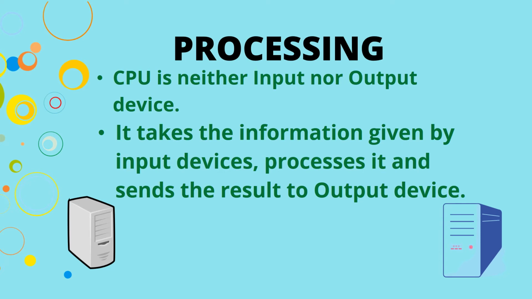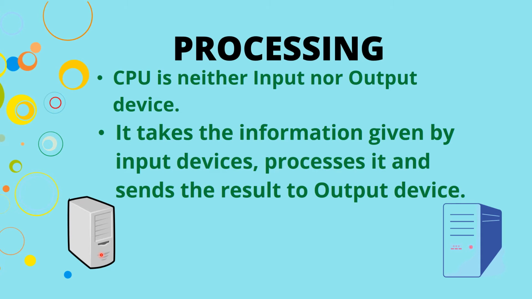Now, processing. You may be thinking why I have not taken the name of CPU in input device nor in output device. It is because CPU is neither input nor output device. It is a processing device. CPU is considered as the brain of the computer.